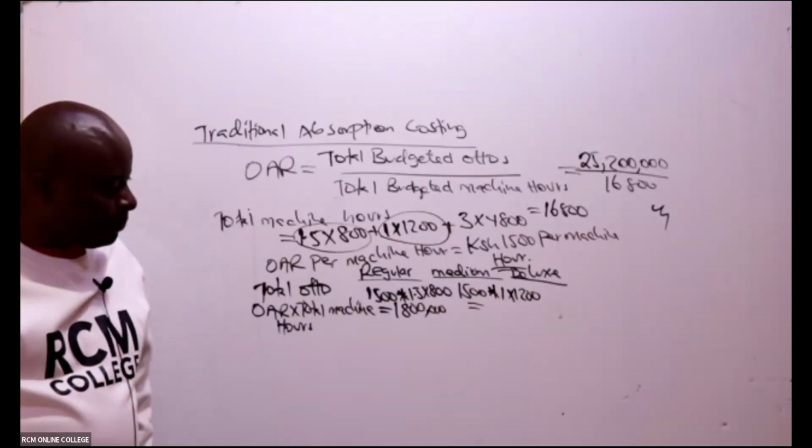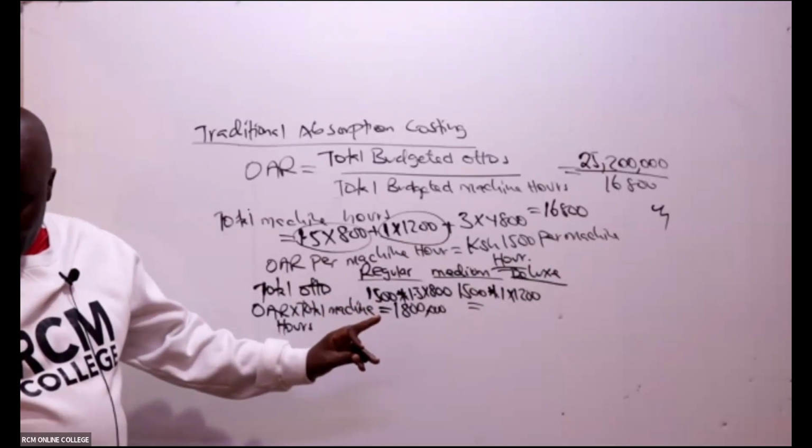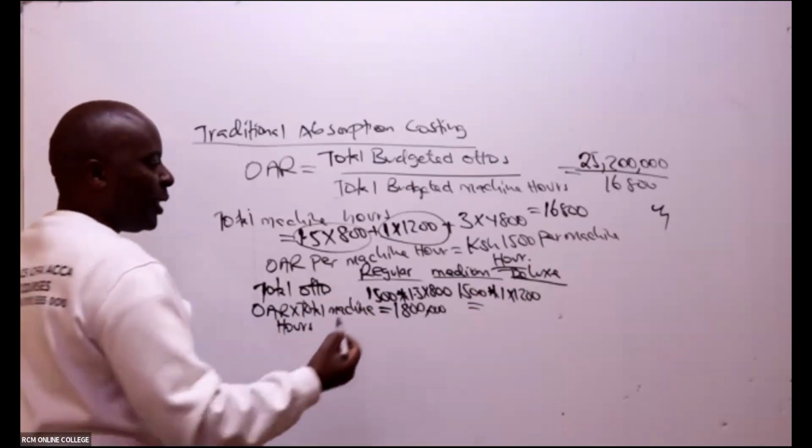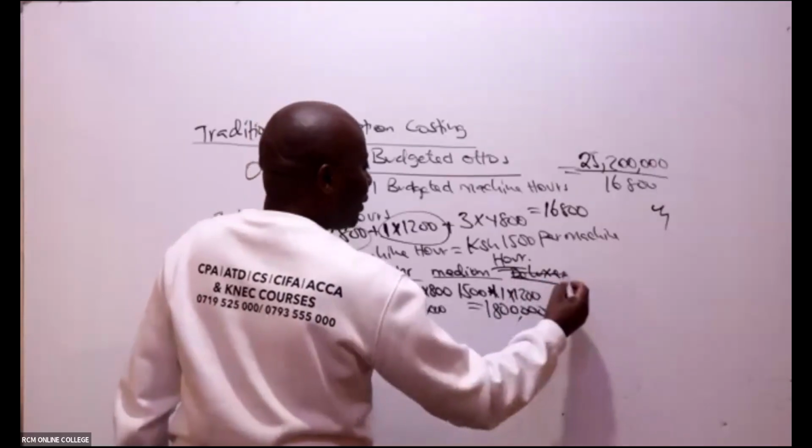The same? Yes, because this was 1,200. The same, right? Thank you so much. 1.8 million. Then we go to deluxe.